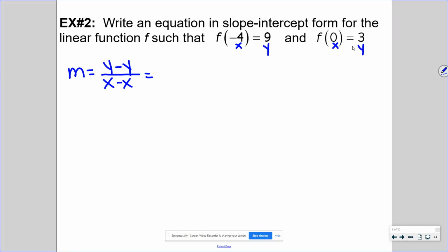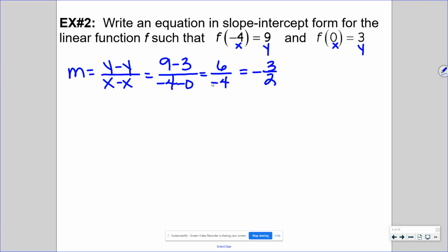So y minus y, I could do either 9 minus 3 or 3 minus 9, it doesn't matter. And then x minus x would be negative 4 minus 0. And just simply compute. So you get 6 over negative 4, which is equal to negative 3/2.